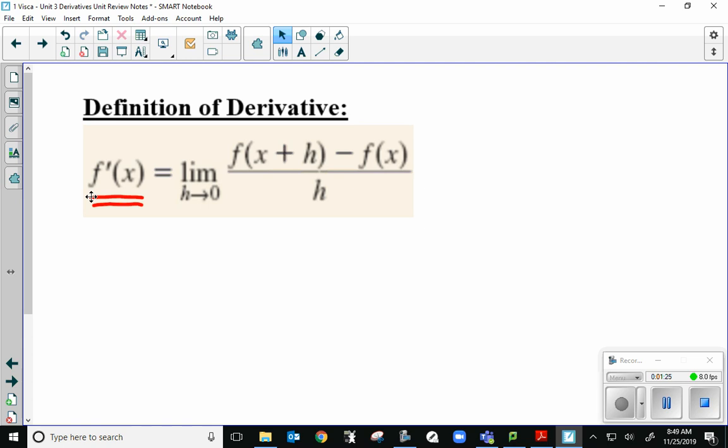Now, if we go back to solving limits, we realize that we always try to throw this number into this variable. The problem with that is I cannot throw a 0 into the denominator.